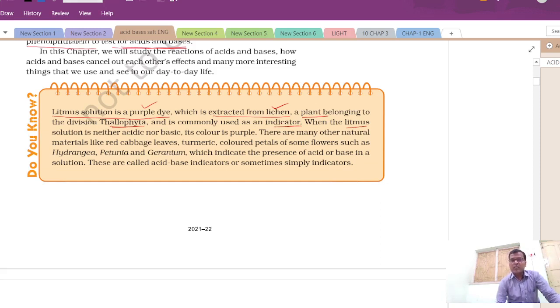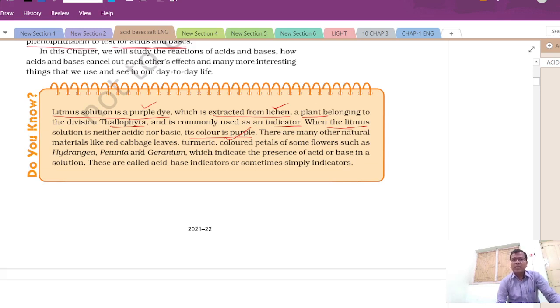When litmus solution is neither acidic nor basic, its color is purple. That means if you have not added any acid or base to its solution, then its color will be purple. That means its natural color is purple.